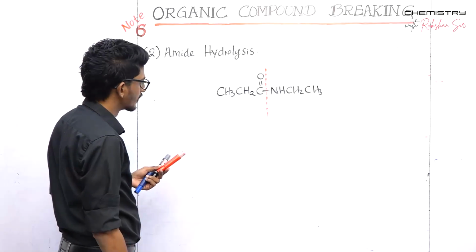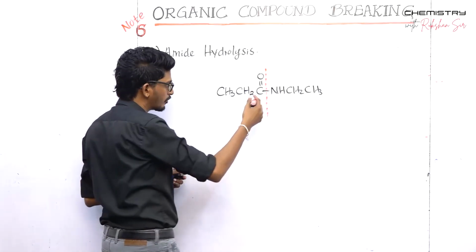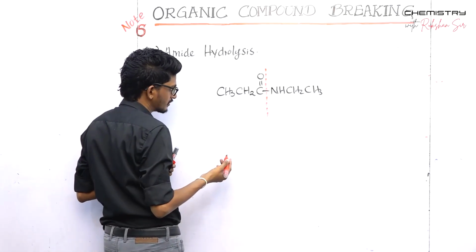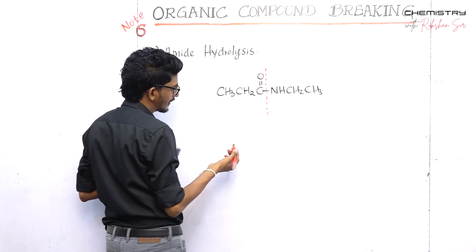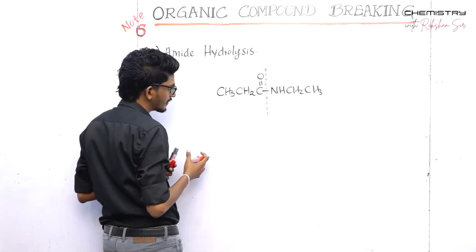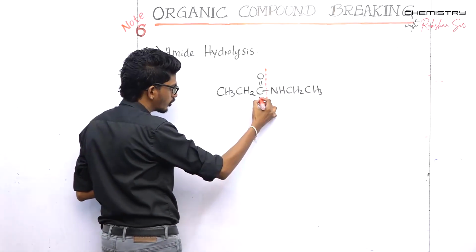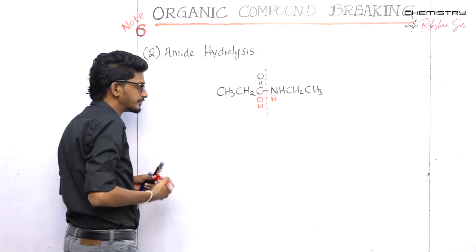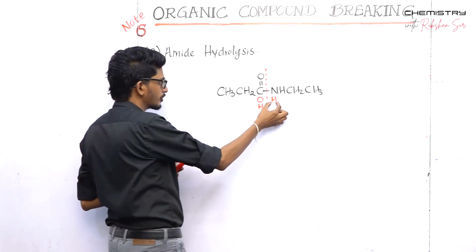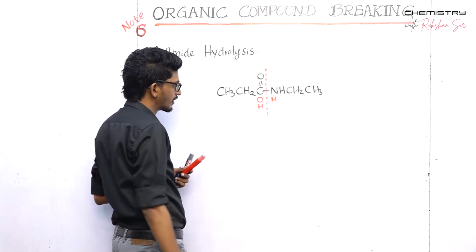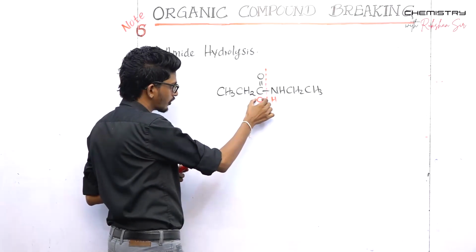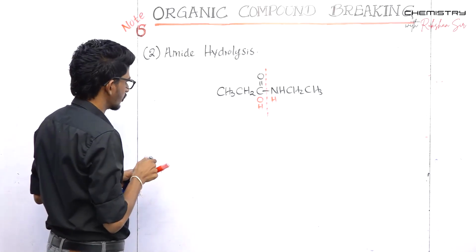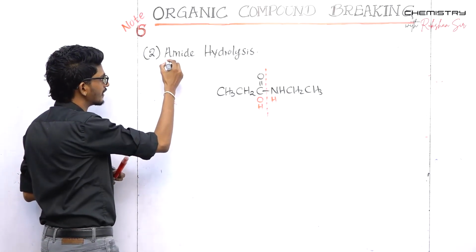right? So if you have to break this bond with the use of water as a hydrolysis reaction, what will be the two products you would observe? So the water's OH group comes to this section, while the water's H comes to here, right? Water's positive pole comes to the negative pole of the polar bond, and the negative pole of the water, the oxygen, comes towards the positive pole of the amide bond, right? So here we are discussing the amide hydrolysis, right?